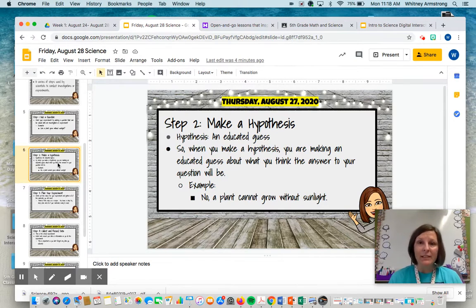My hypothesis might be no, a plant cannot grow without sunlight. It's really straightforward, 1 or 2 sentences at the most. So you ask your question, then you think about what you think is going to happen, and then you make that hypothesis.